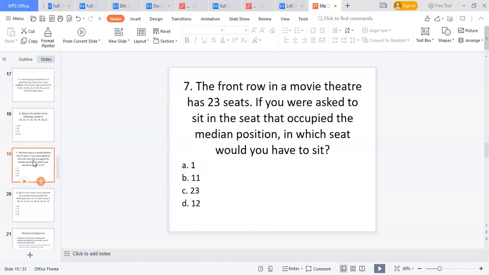Here's another question. The front row in a movie theater has 23 seats. If you were asked to sit in the seat that occupied the median position, in which seat would you have to sit?